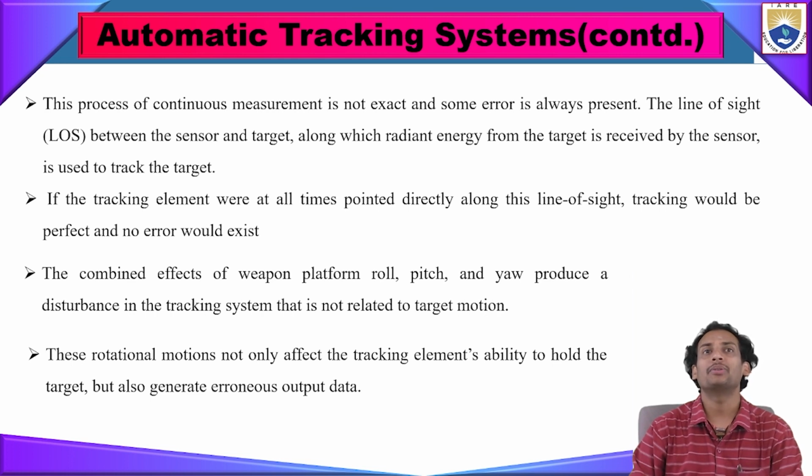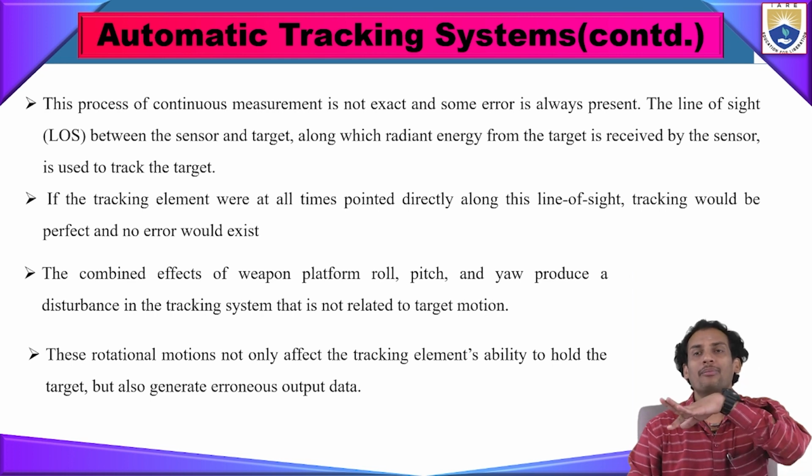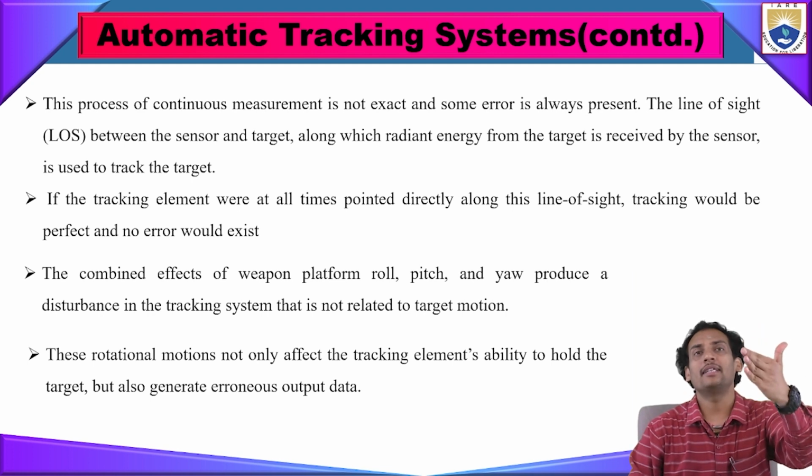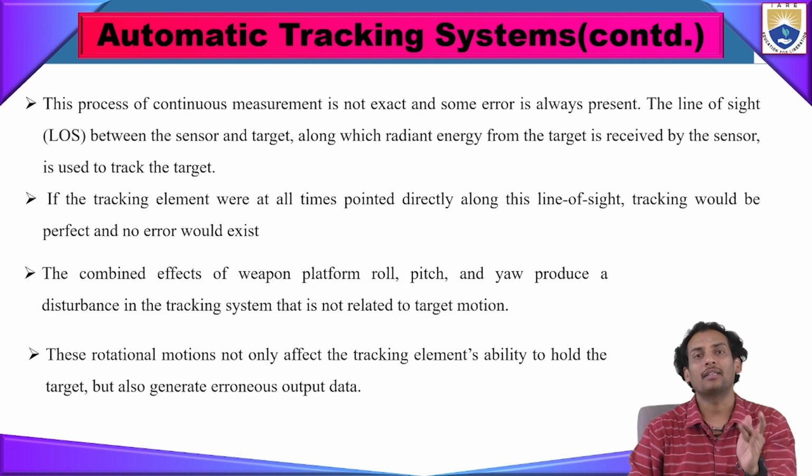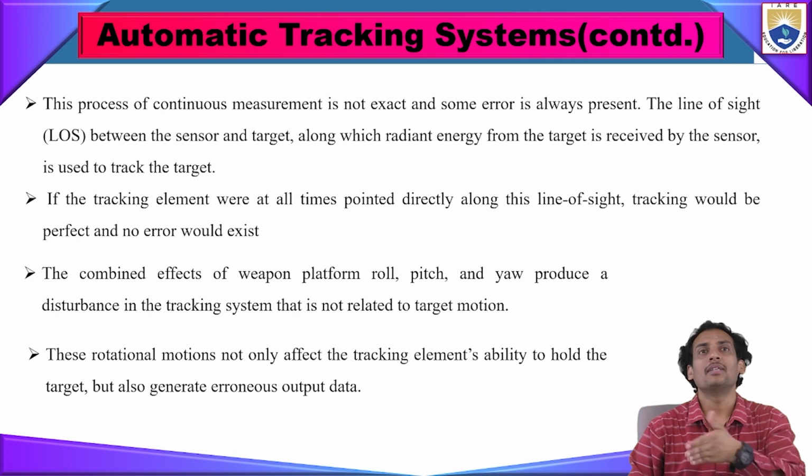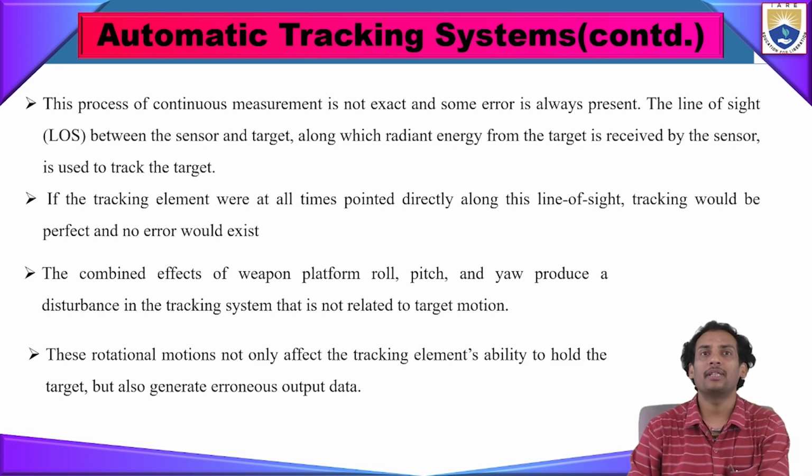Whenever we set a target for the missile, the line of sight between the sensor and the target, along with the radiant energy from the target received by the sensor, is used to track the target. If the tracking element were at all times directly along the line of sight, tracking would be perfect and no error would exist.